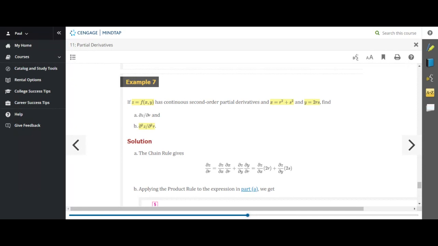The second partial derivative is going to take more effort, and I just want to take you through the steps. There is a problem in your homework that deals with this also, but it has a watch it video, so it's not like you're going to get a lot of these kinds of questions. Just one, I believe, on your homework. But let me just take you through it here briefly.